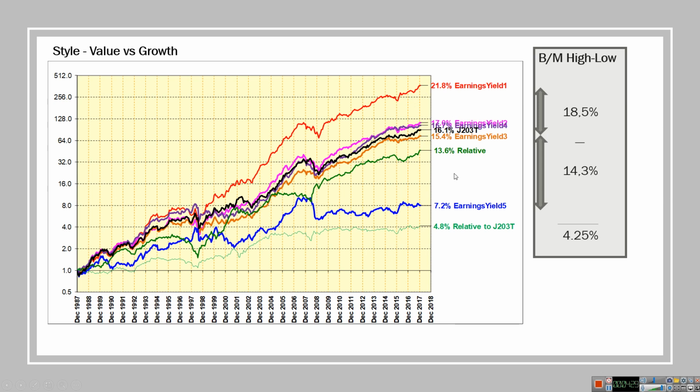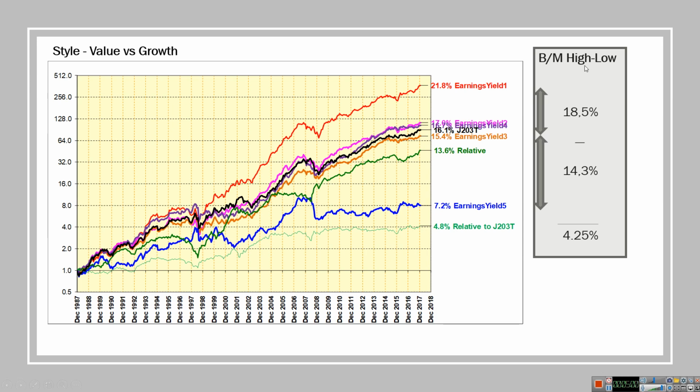And they subtract the rest, which is half of portfolio 3, 4, and 5, giving a return of 14.3. That minus that gives them their factor of 4.25. They'll show this and tell you that there is a risk premium, if you like, which relates to value versus growth, measured with the book to market value in their case.